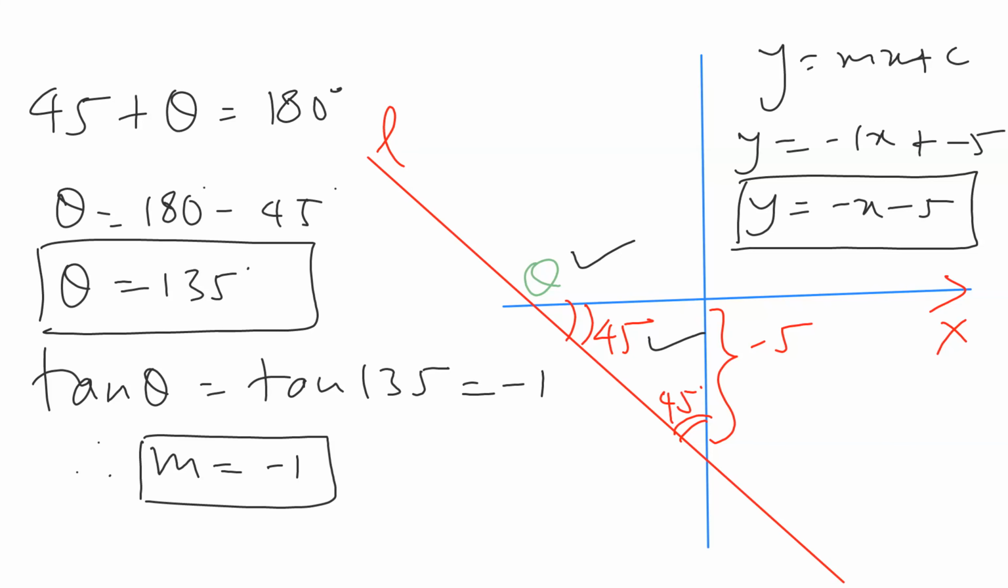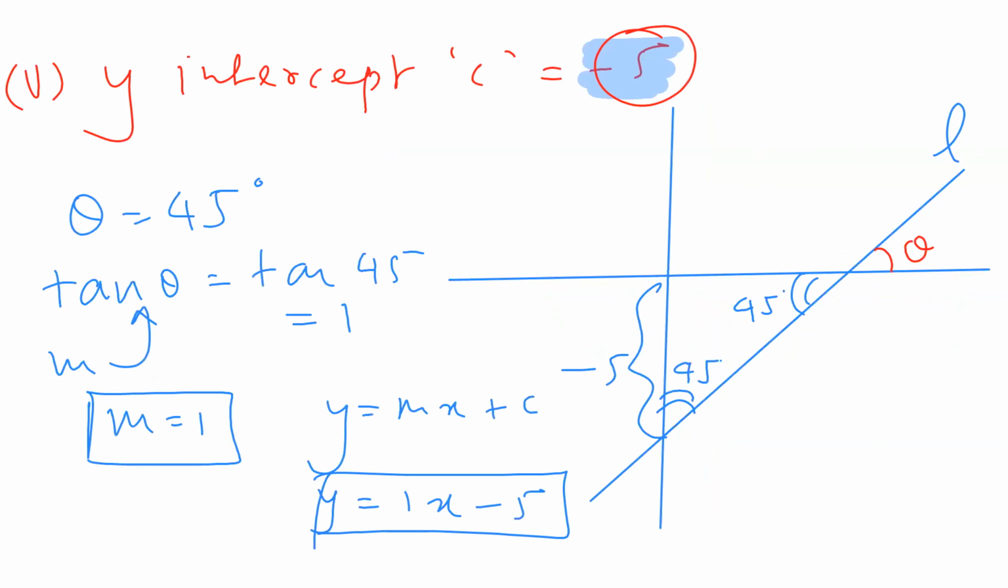I'll go to the next problem, that is question number 2. If we read the problem, exercise 16b, question number 2, they have given a straight line y is equal to mx plus c, and there are 2 points on that particular line. If you read the question clearly, you will understand.